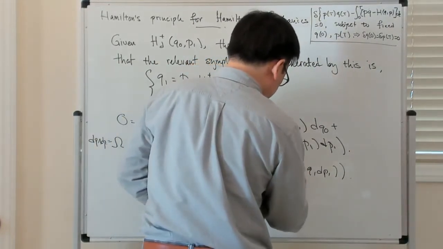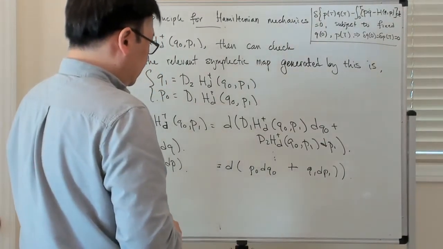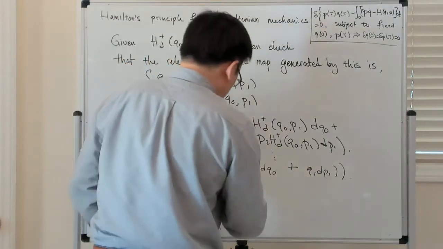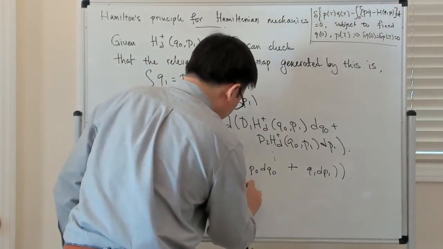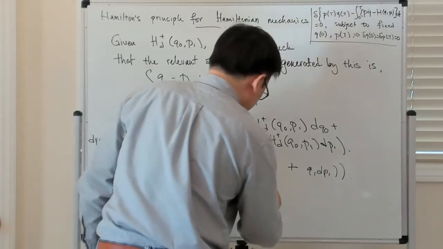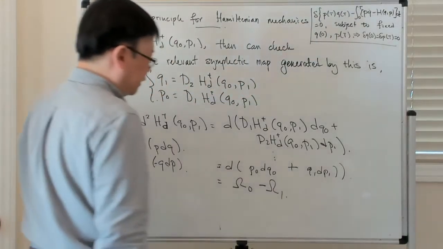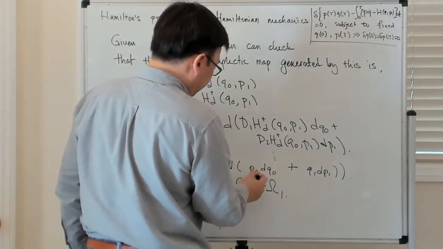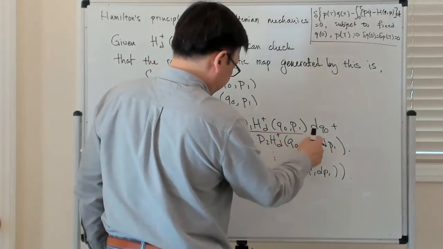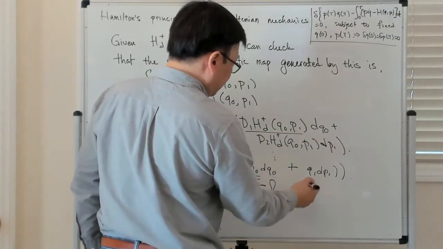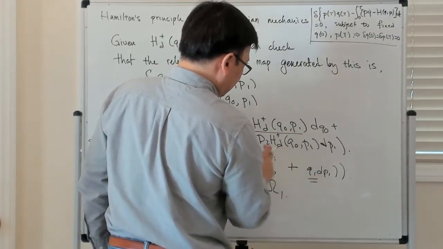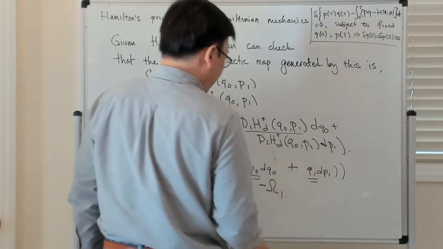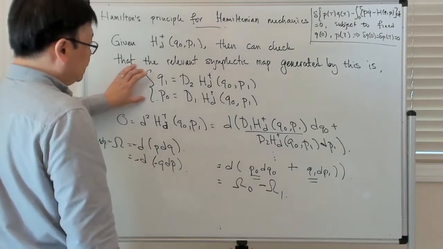So this is this plus this, and that is, of course, just the symplectic form at time 0 minus the symplectic form at time 1. So if you were to equate P0 to this piece, which is paired with the dq0 term, and identify D2 HD plus Q0 P1 with Q1, then you exactly get these equations.